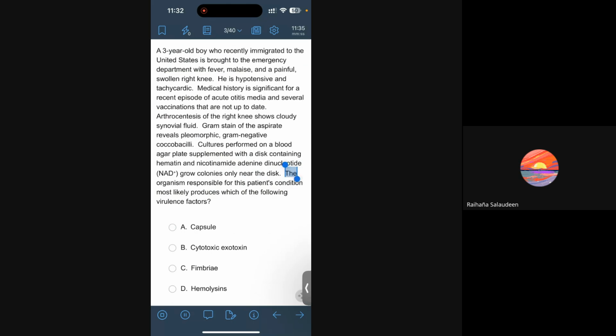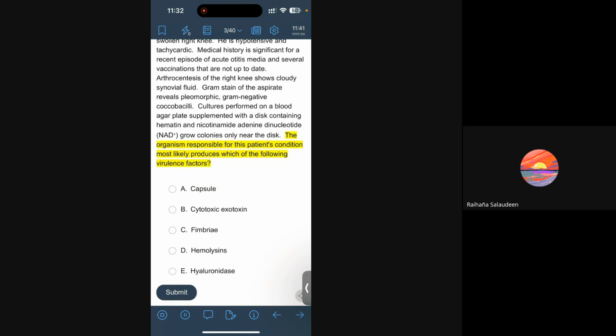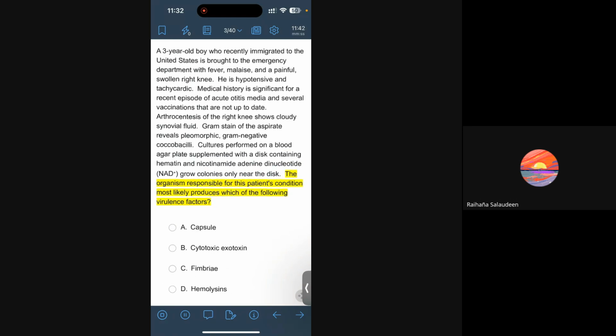The organism responsible for this patient's condition most likely produces which of the following virulence factors? A 3-year-old boy who recently immigrated to the United States comes to the emergency department. Okay, this is very important in this question. He has fever, malaise, and a painful swollen right knee; he is hypotensive and tachycardic.